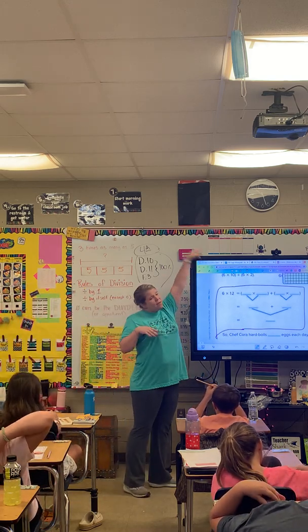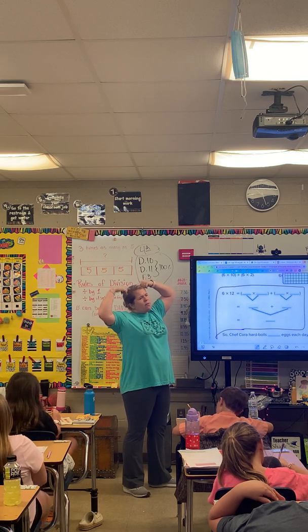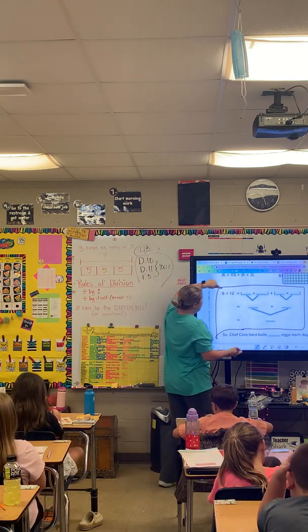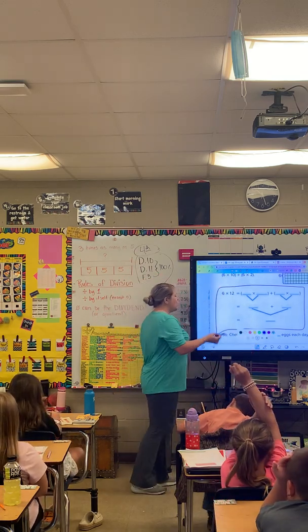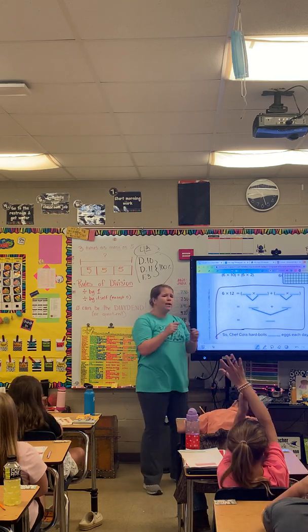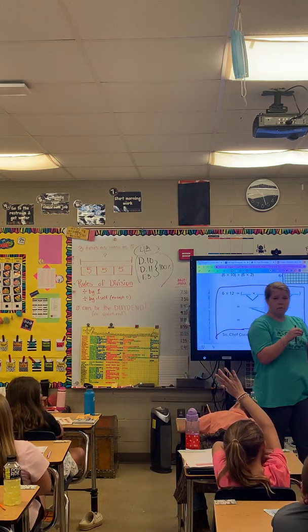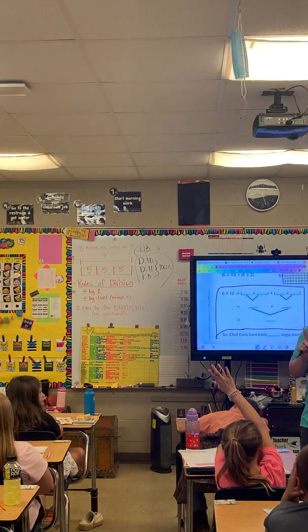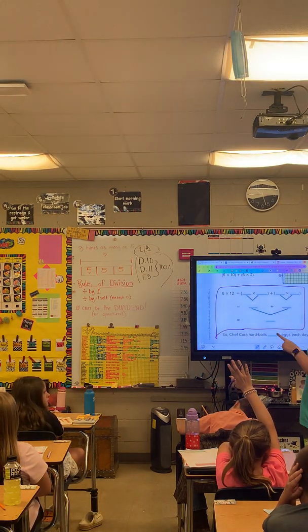So let's think about our area model. In our head, we have our area model that we just did, right? We have 6 times 12. Boys and girls, let me ask you this. What number did we pull apart? 12. We pulled apart 12, right? 10 and 2.